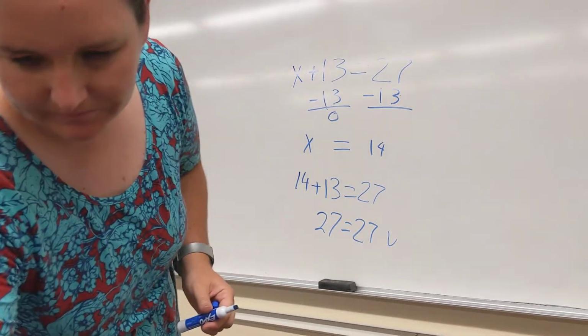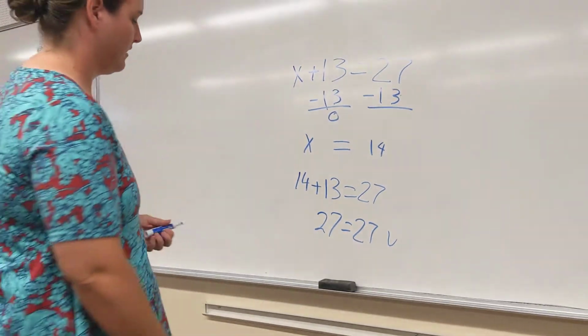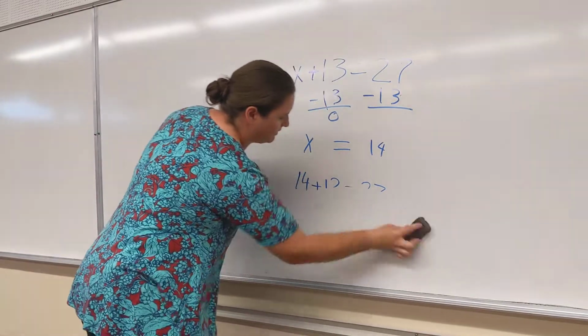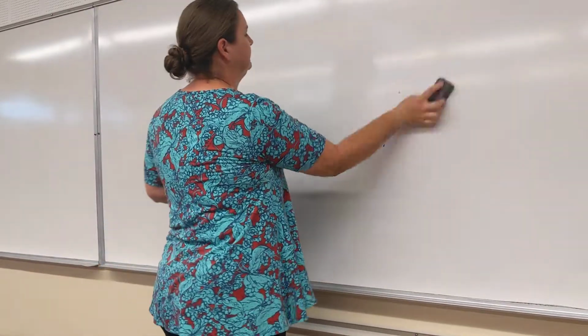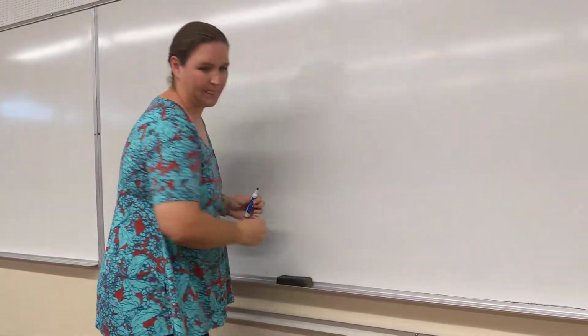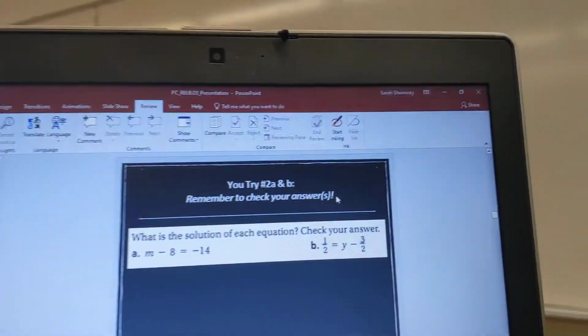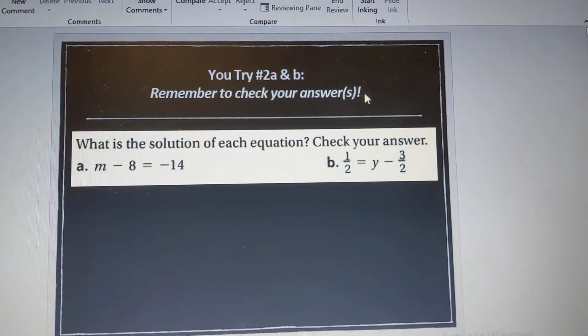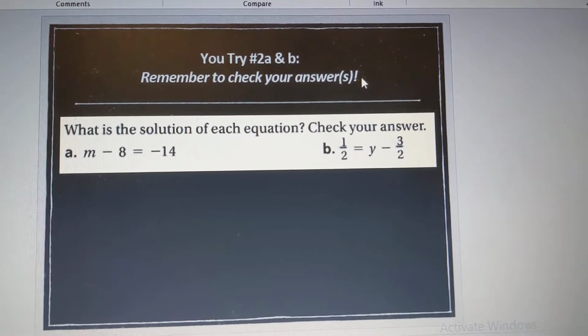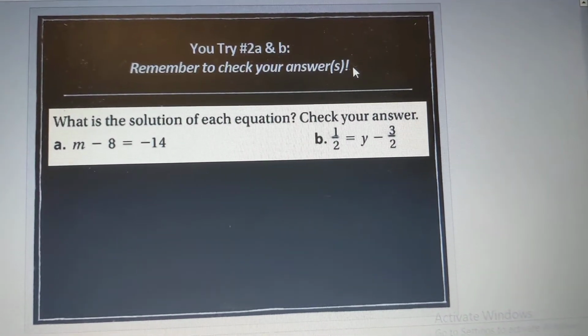Okay, let's try another one. This one, I'm actually going to show you the screen again. And pause the video. You do both of them, and then we'll come back and check it. See how we do.